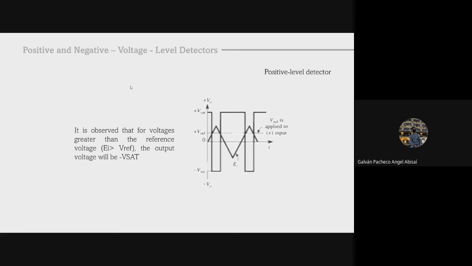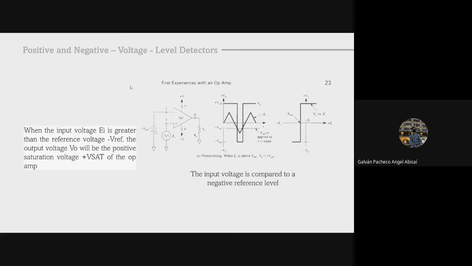So now we have here a non-inverting negative voltage level detector, where the input voltage is compared with a negative reference level voltage. When the input voltage is greater than the reference voltage but in negative, the output voltage will be the positive value of the saturation voltage of the op amp.